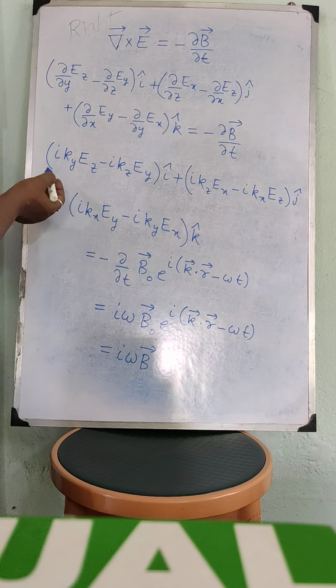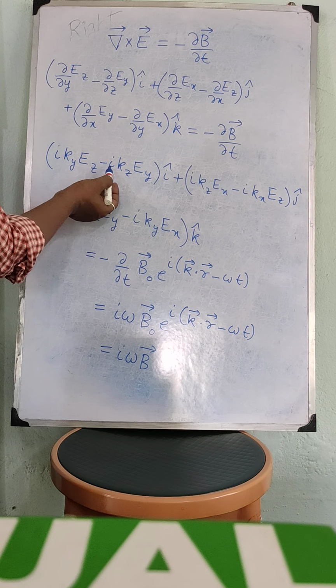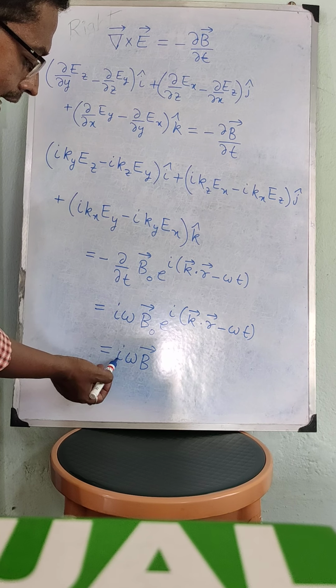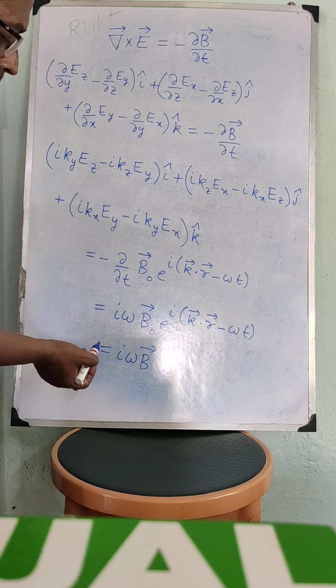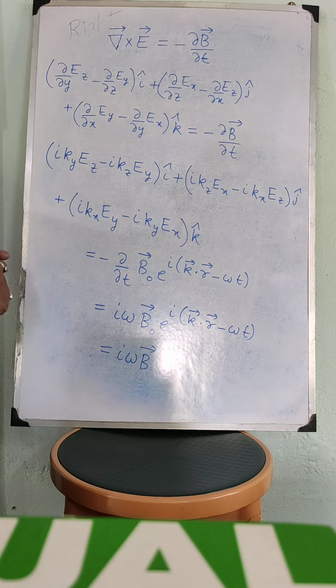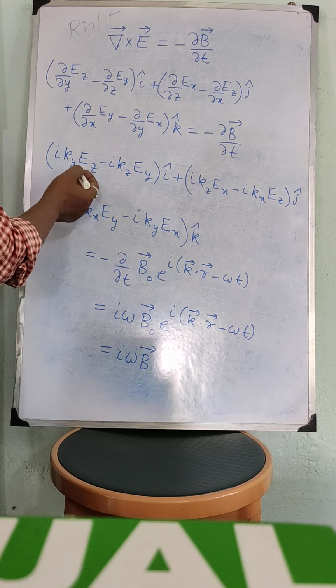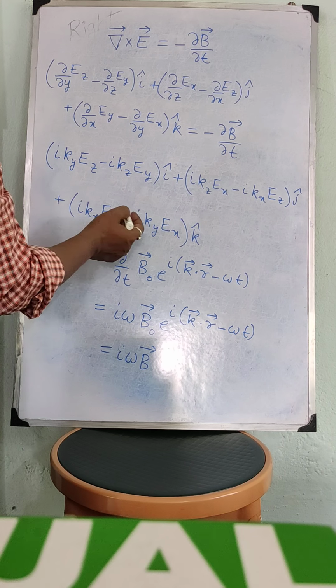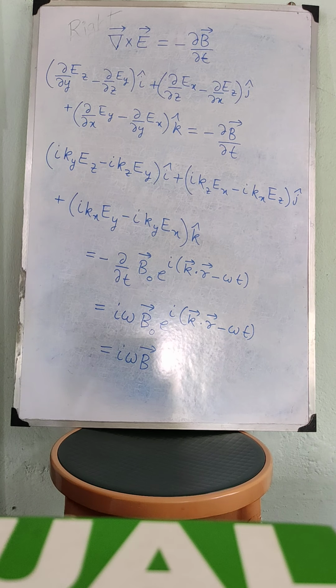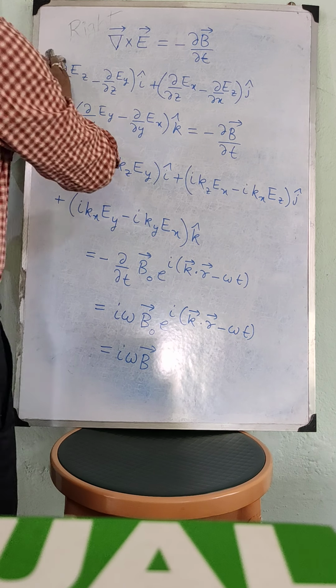Okay. So now see, on the left hand side I have i on all the terms, and on the right hand side I have i, so I can cancel the imaginary number i from both sides. So what do we get? Now see, this left hand side is nothing but the k cross e vector, the cross product between the propagation vector and the electric field vector.